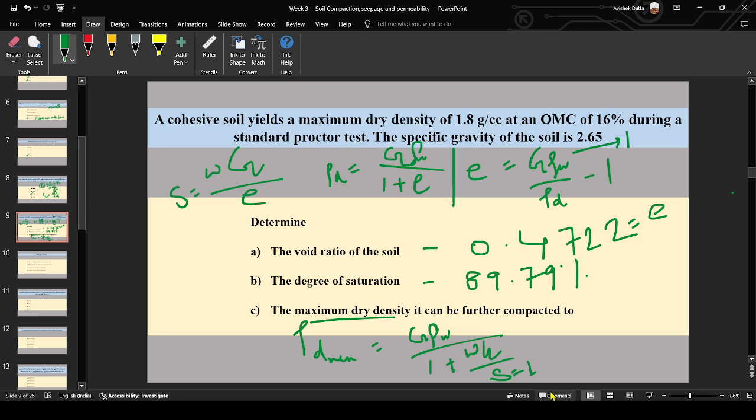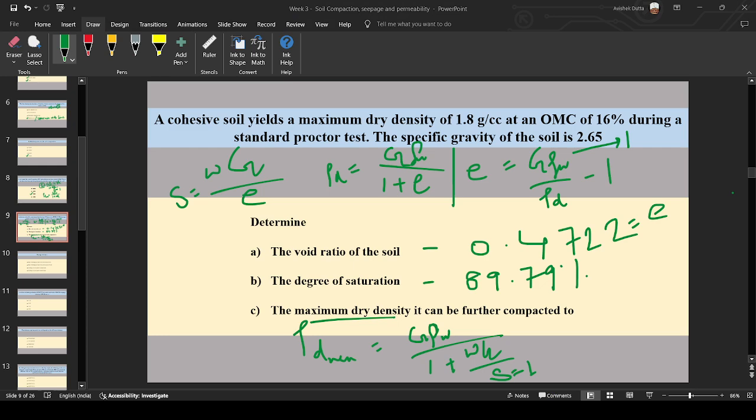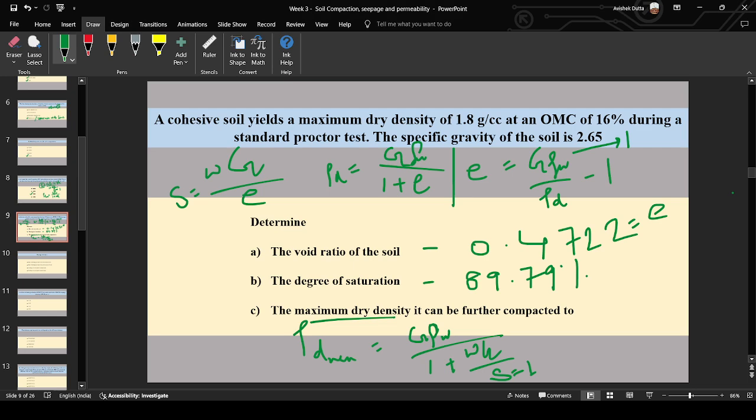We cannot use the saturation degree which we obtained in part B. For maximum dry density, we have to use S equals 1. Okay, it can be further compacted too.